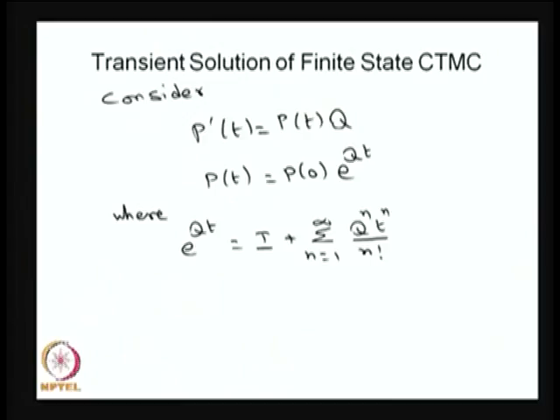So, the whole thing is going to be the exponential matrix, and using that you can get P of t. I am not going into detail on how to compute e power Qt and so on, but whenever you have a CTMC with a finite space, through this method also one can get the time dependent solution. So with this I have completed the examples for the CTMC to find out the time dependent or transient probabilities.